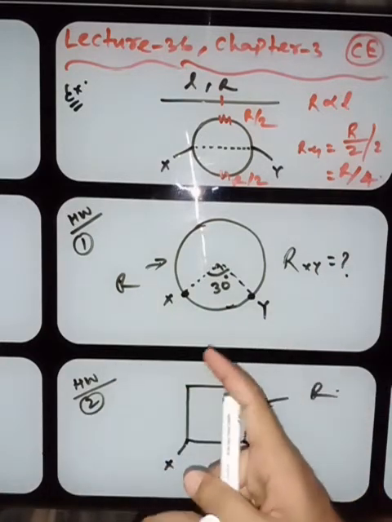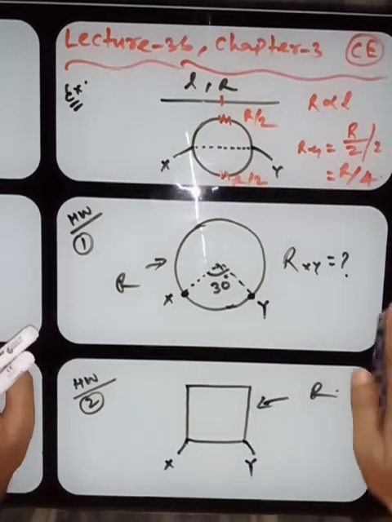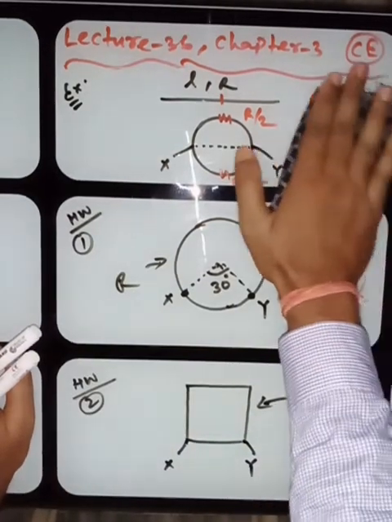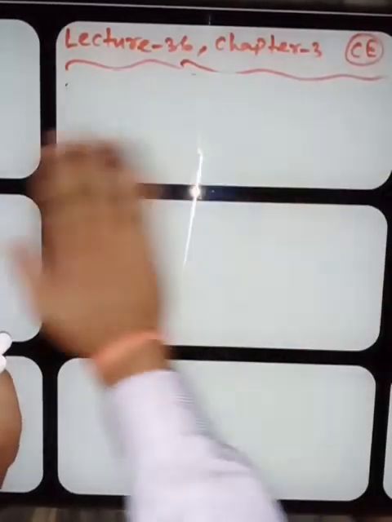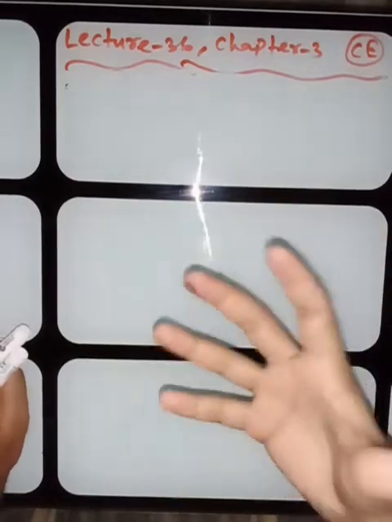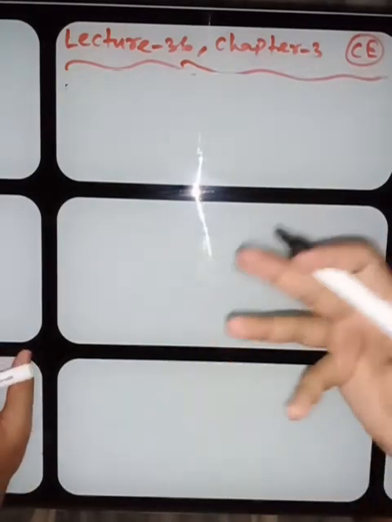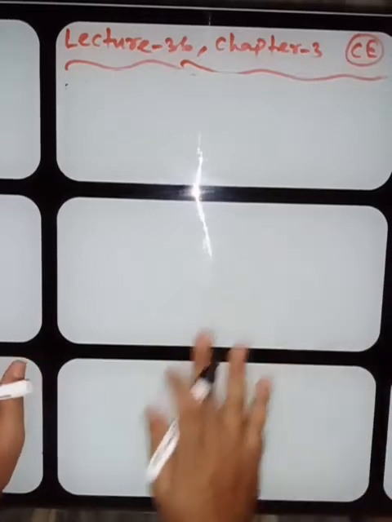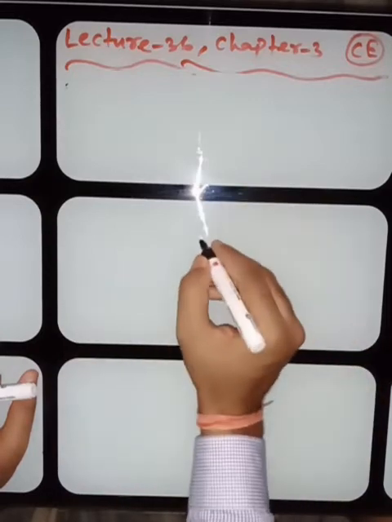Now, another type of question we will discuss today. Electricity and electrostatics are very important chapters. That's why we took a number of lectures in these units. Now, my dear students, one question here.